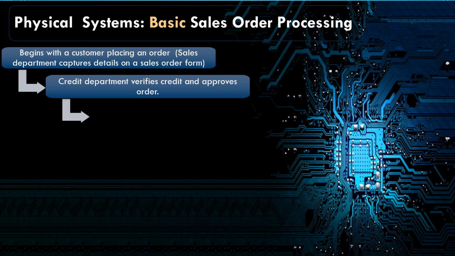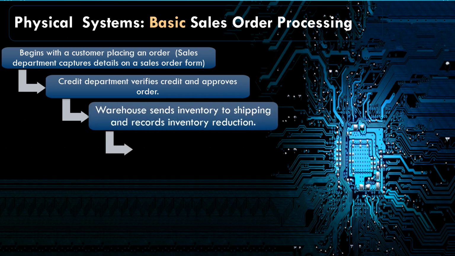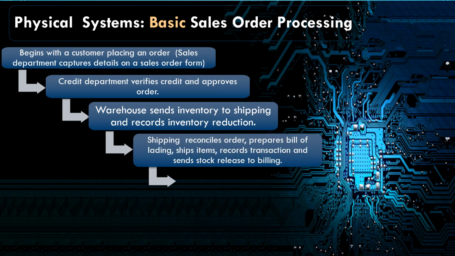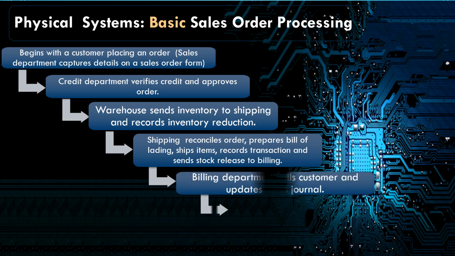Then the credit department verifies credit and approves the order. The warehouse sends inventory to shipping and records the inventory reduction, and then shipping reconciles the order, prepares bills of lading and ships the items, as well as records the transaction and sends a stock release to billing.